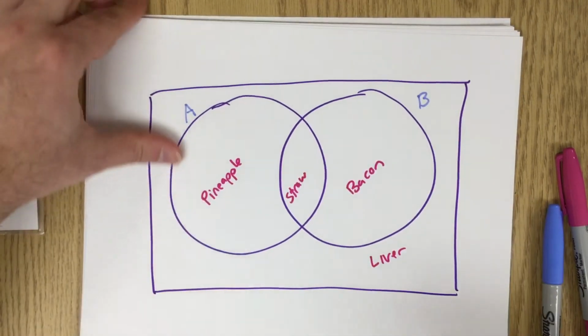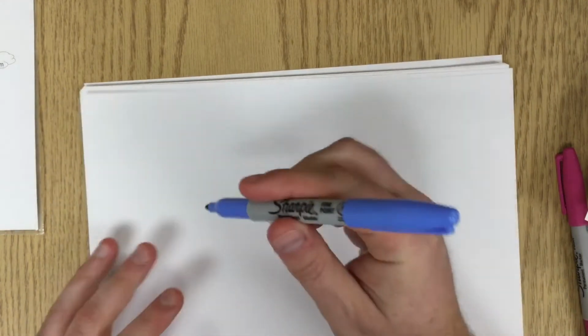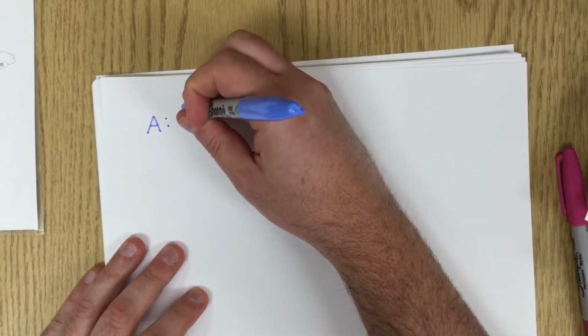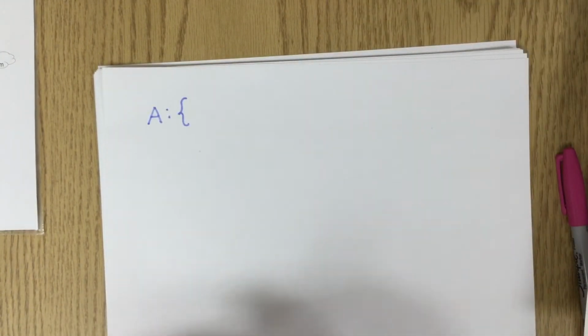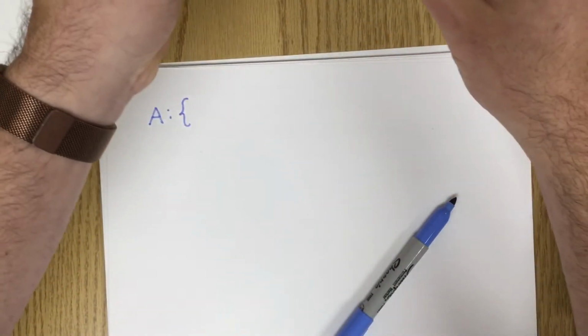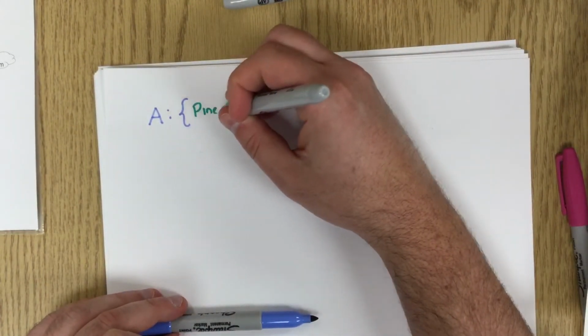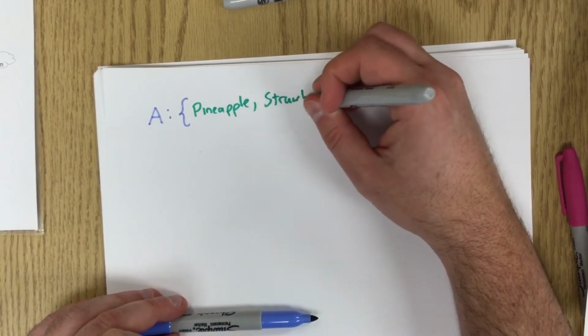So now I'm going to go through a bunch of questions. My first question is, what is in the set of A? And when we do sets, we use those curly bracket things. So what's in A is pineapple and strawberry. So A is going to be pineapple and strawberry.